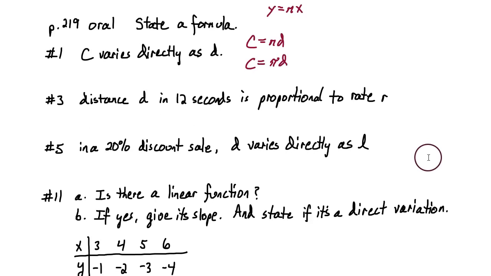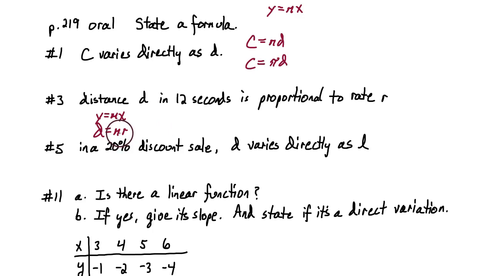Now number 3, again, the original sentence is longer, but here's the key part of the sentence. The distance d traveled by an object in 12 seconds is proportional to the rate r. Following the basic pattern, y equals m times x, but using d and r instead of y and x, we get d equals m times r.